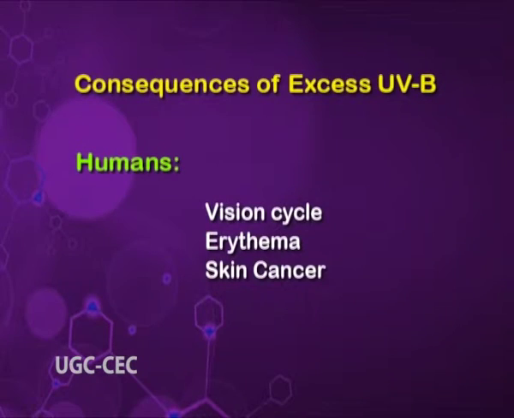In humans, excess UVB radiation affects the vision cycle. It can also damage skin by causing a disease called erythema. In this disease, the blood vessels just below the skin swell and cause reddish spots on the skin. Under severe exposure, these dilated blood vessels may burst and cause lesions on the skin.